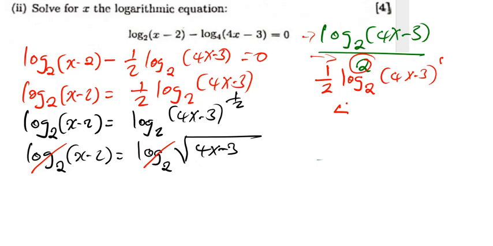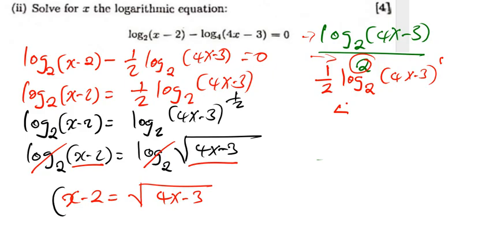So then you equate this to this. x minus 2 is equal to the square root of 4x minus 3. When you reach this point, you can square both sides to get rid of the square root.